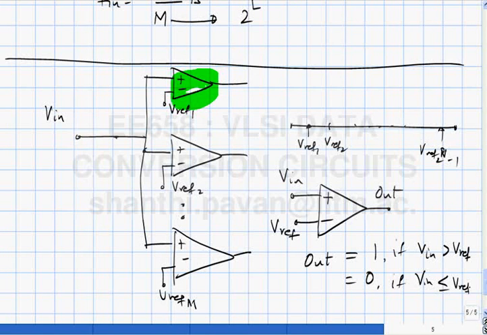It doesn't matter where you put the equal to sign, because in practice Vin will never be equal to Vref, because there is always noise riding on Vin and or Vref.